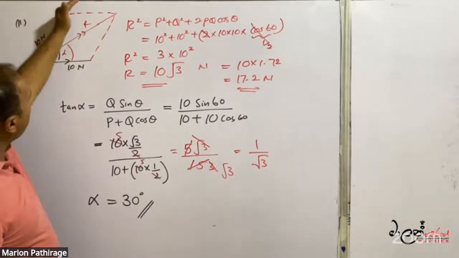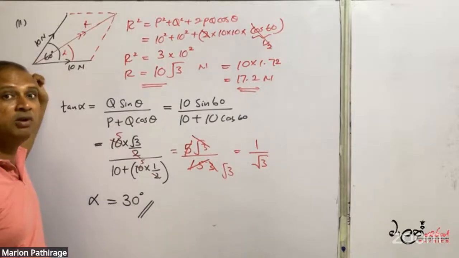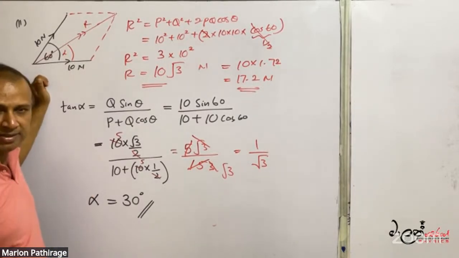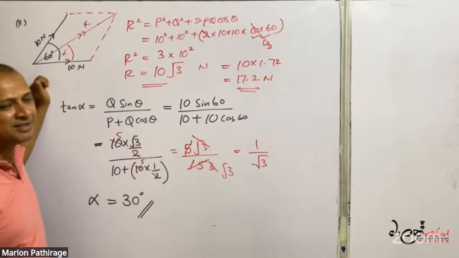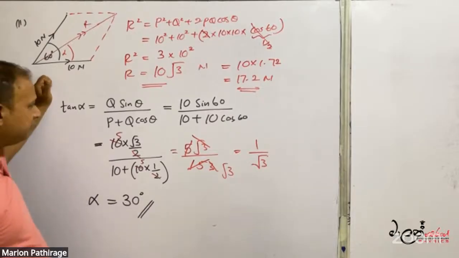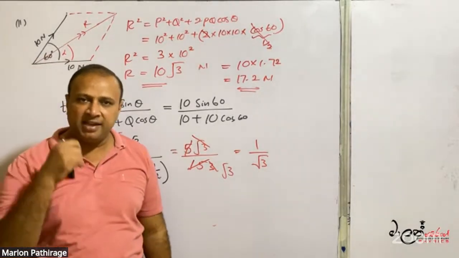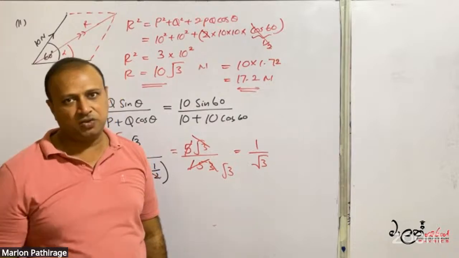Therefore, all four sides are equal in magnitude. That means this is a rhombus. This cannot be a square because this angle is 60. If this angle is 90, definitely it is a square.